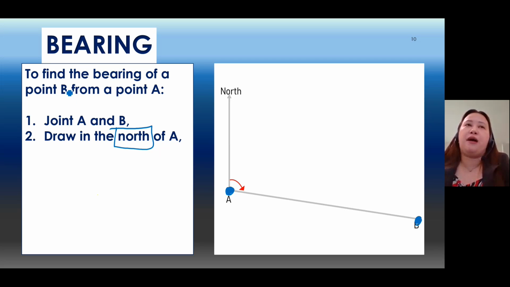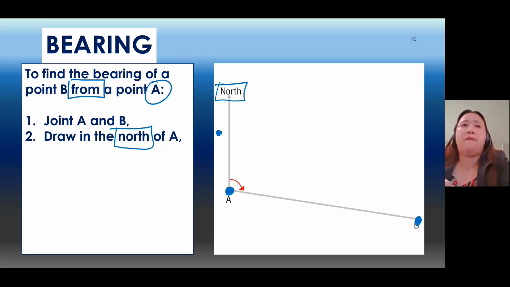You have to go back to the given. In the given, it says bearing of a point B from A. So it means that you're going to draw north on A. Okay, so we have here the north in the upward direction. Of course, north is upward.